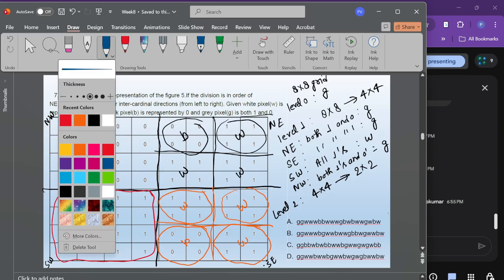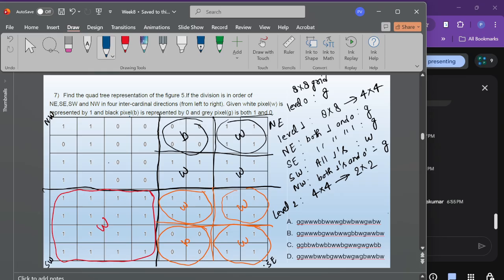Now again we have to divide this into a 4 cross 4 grid because it can be divided. If you check just this one, it is all zeros, so it is represented by B. Again, it is all zeros, represented by B. It is all ones, so it is represented by W, right?